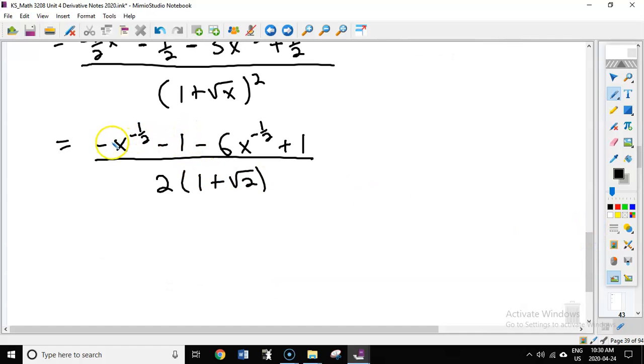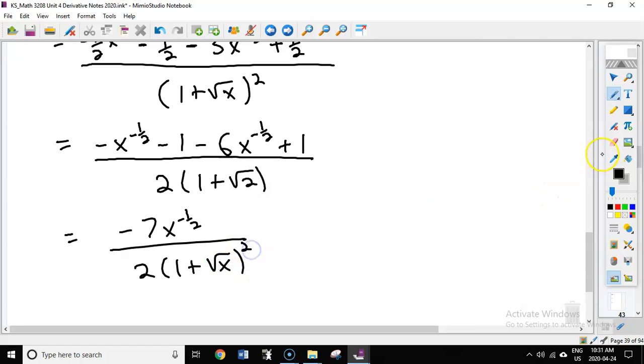Now what do we get? We get negative 1x to the negative half minus 6, so that gives me negative 7x to the negative half. Negative 1 plus 1 cancel out. We're almost done. Sorry, I messed up that 2 there.